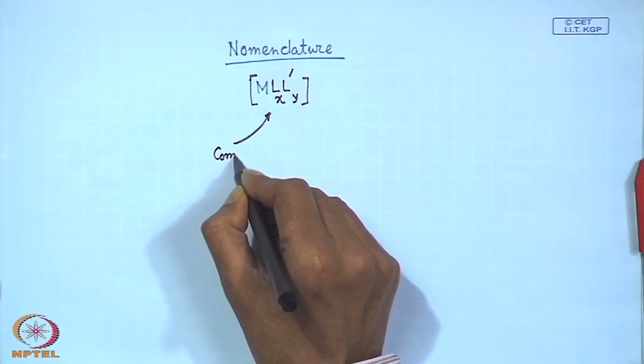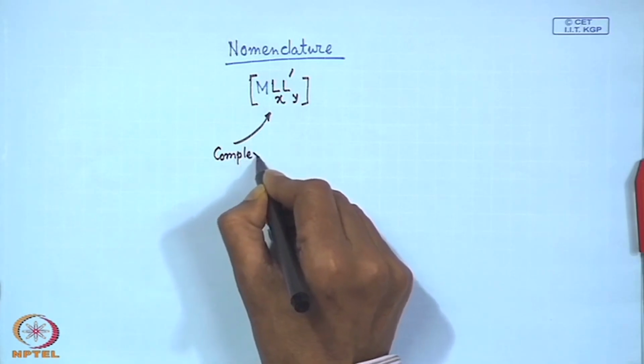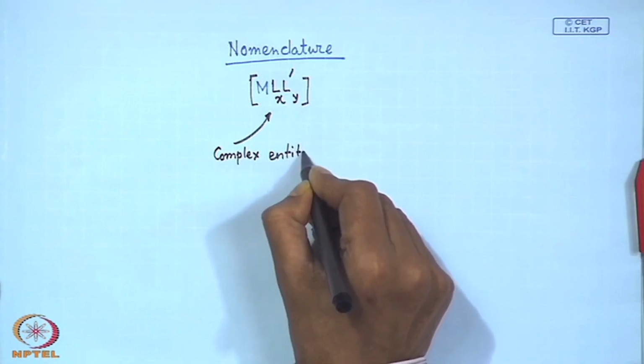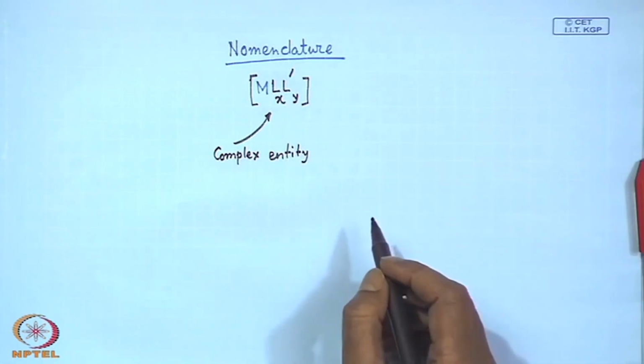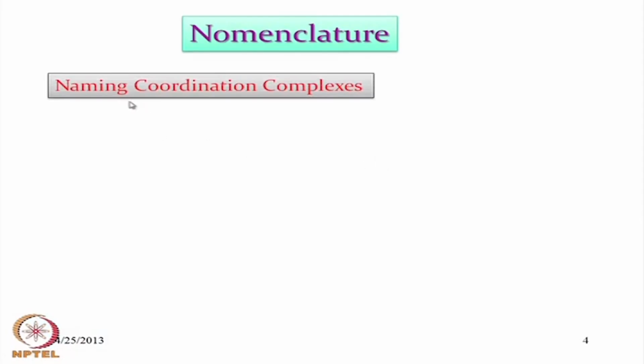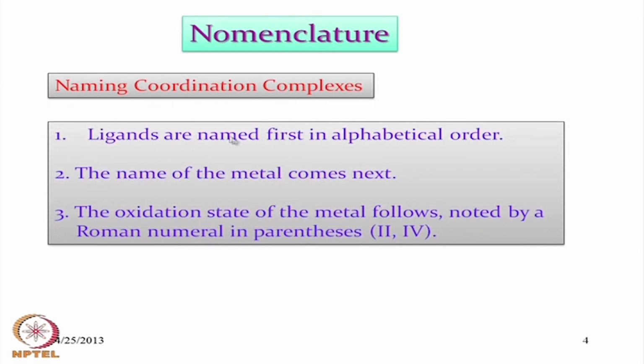So, how do we name the complex entity systematically within a metal complex, that we will see. How do we name a particular coordination compound, once a simple compound is forming, how do we go about naming a typical coordination complex.